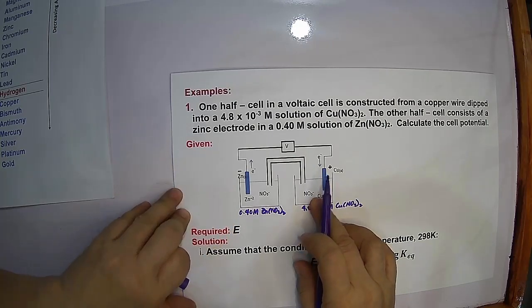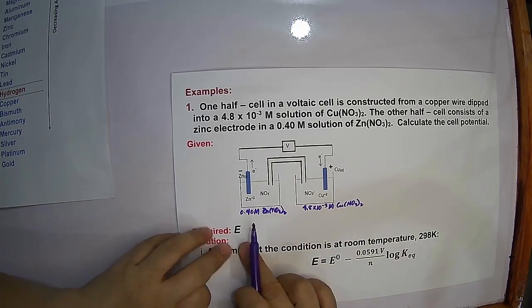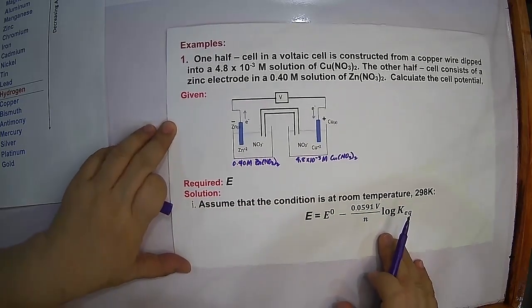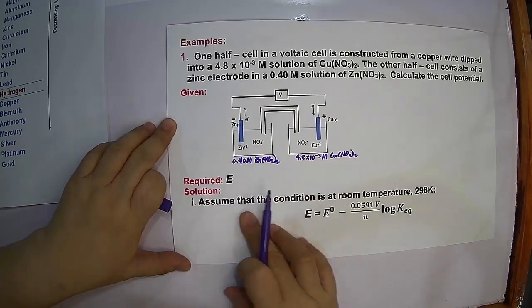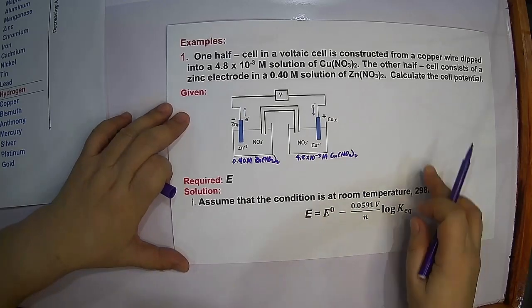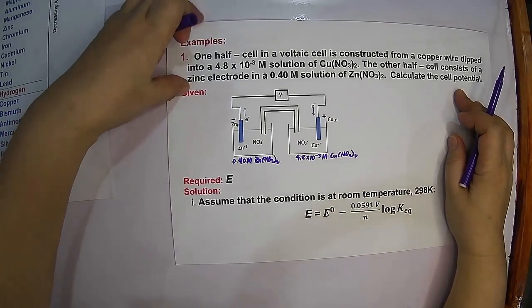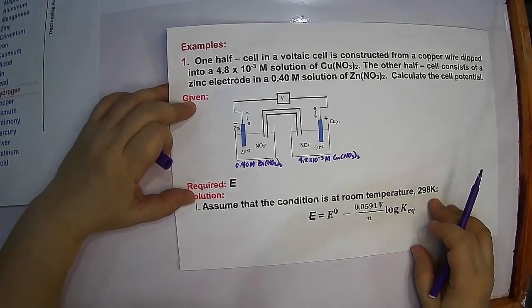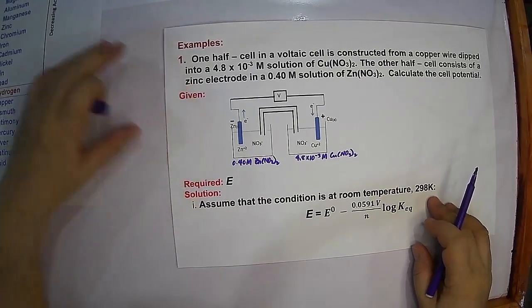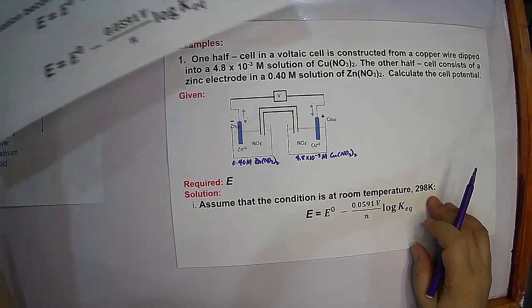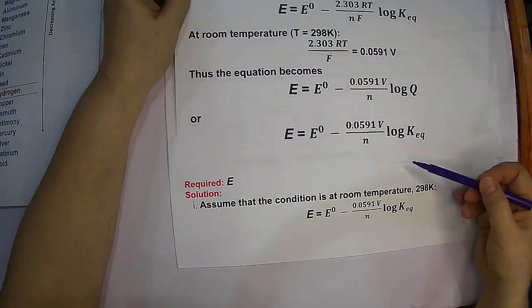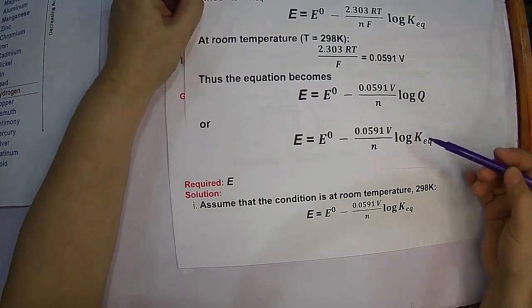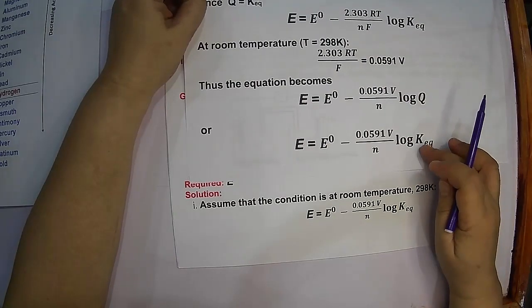Okay, so we are asked for the potential of the cell using the Nernst equation. Assume that the condition is at room temperature, since it's not stated here. So we can use the compressed equation for the Nernst equation at room temperature of 298 Kelvin.